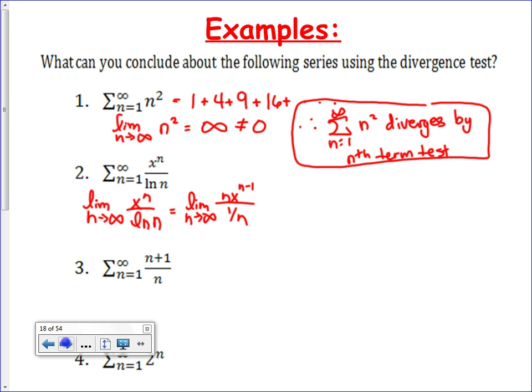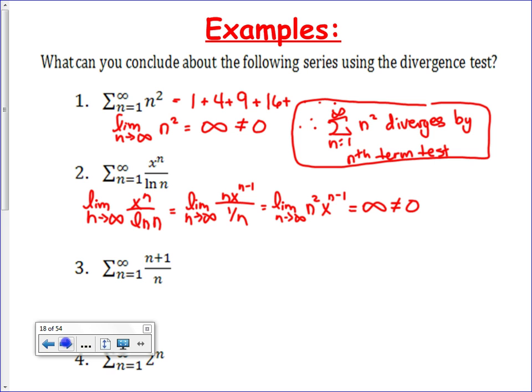What happens? Where am I going? Infinity, right? I'm still going to infinity. Is that 0?